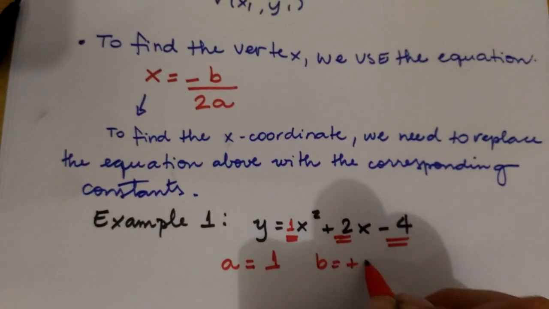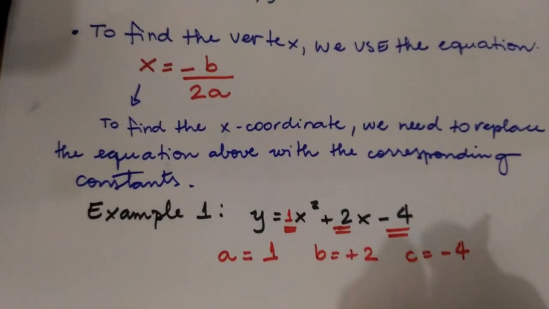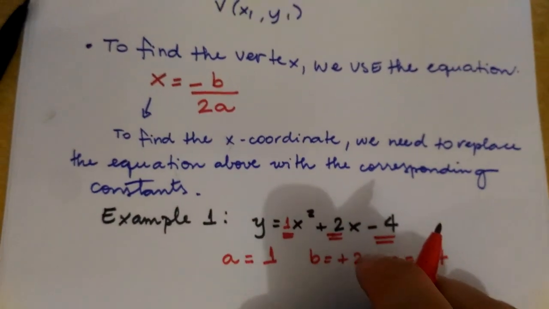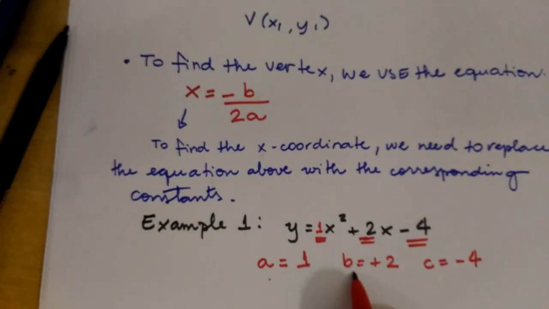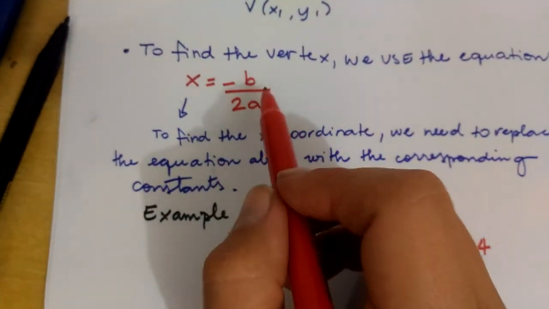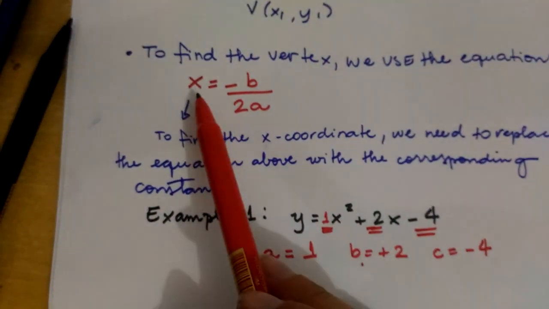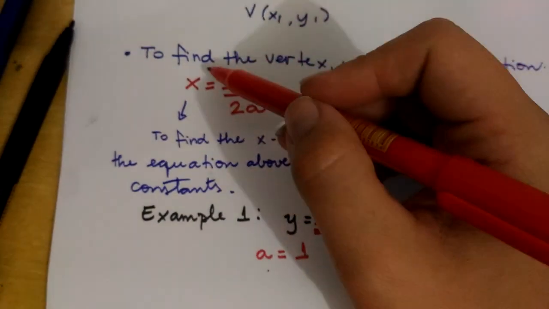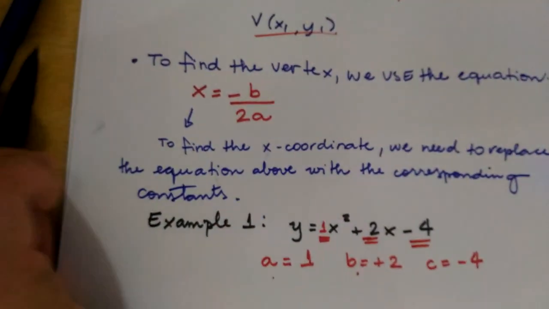B is positive 2. C is negative 4. To solve, we're going to replace A and B in this equation that's always going to define the vertex. So we're going to find the x coordinate for this ordered pair.